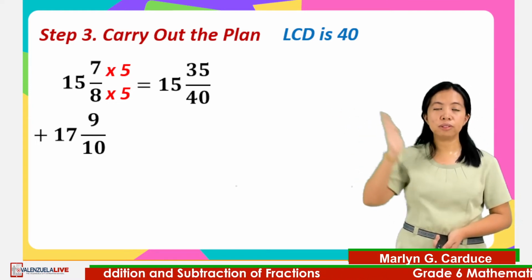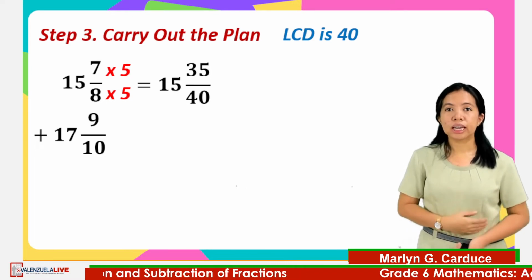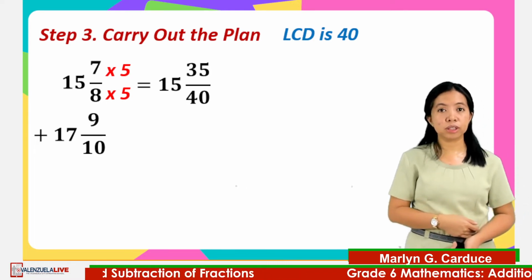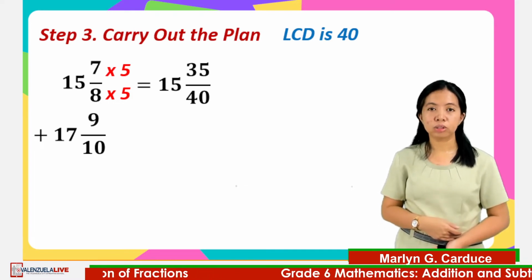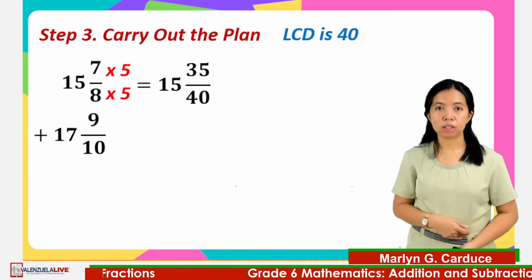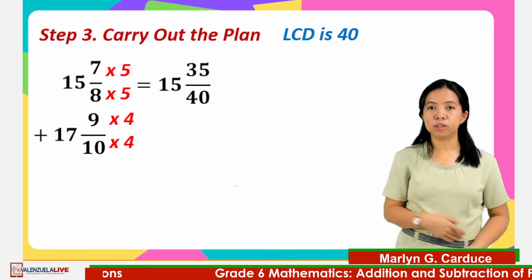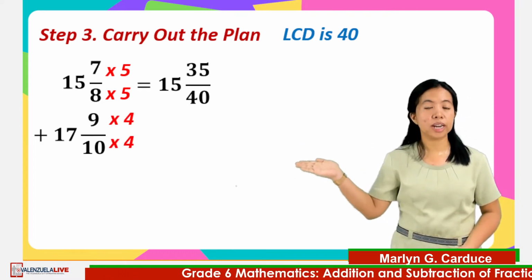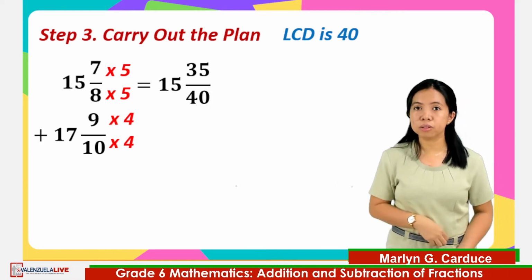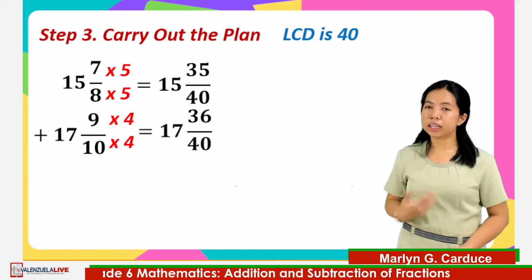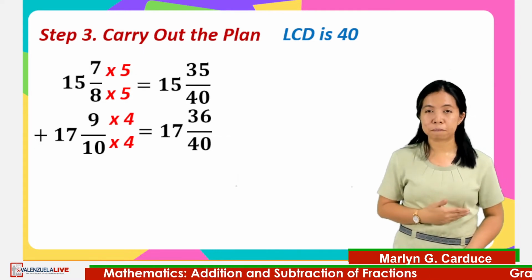And write down 15. And if the denominator is 40 again, what number will you multiply to 10 to get 40? Okay, that's 4. So we will multiply 4 to the denominator and 4 to the numerator. So 9 times 4 equals 36, and 10 times 4 equals 40.